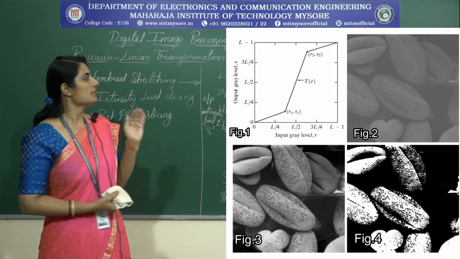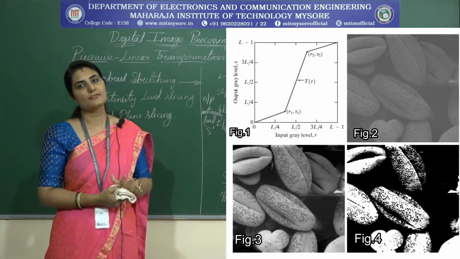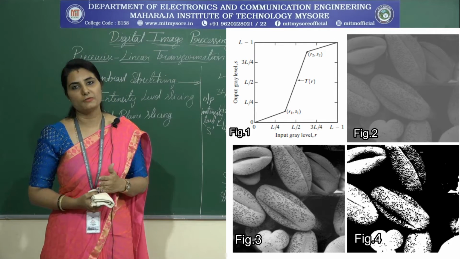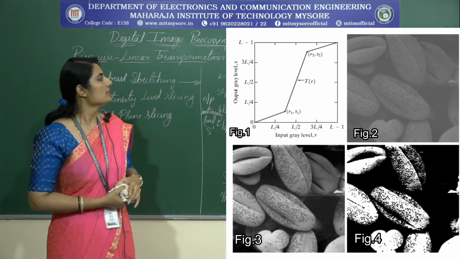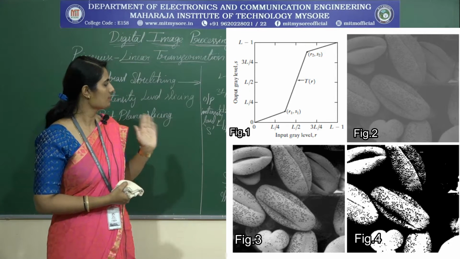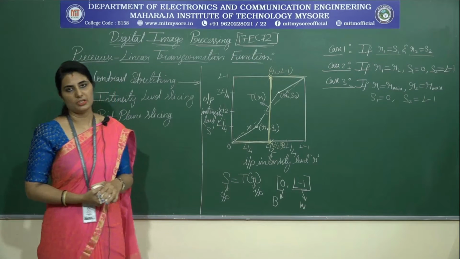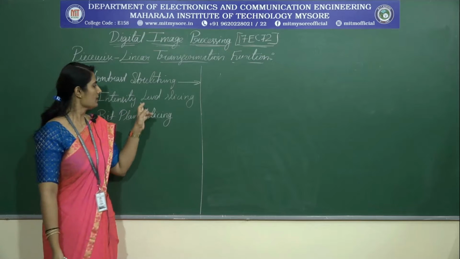So by choosing different values for r1, s1 and r2, s2, we can get different transformation functions under the piecewise linear transformation function, and as in case 3, choosing these values, we can perform contrast stretching. Next is intensity level slicing.